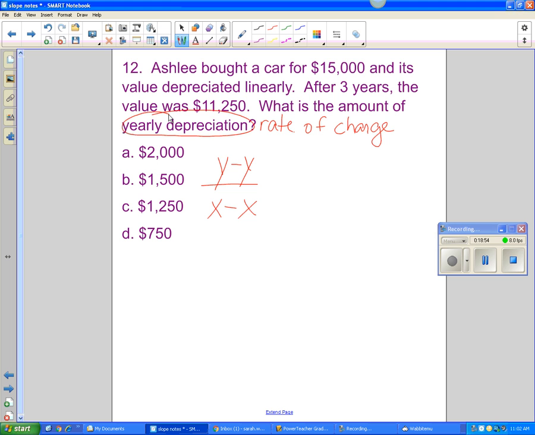Now, here's the one other thing I got to show you. If she bought the car for $15,000, where do you think $15,000 goes if I were going to make like a little chart? Very good. It goes on the Y side. What number do you think goes with it? 0.